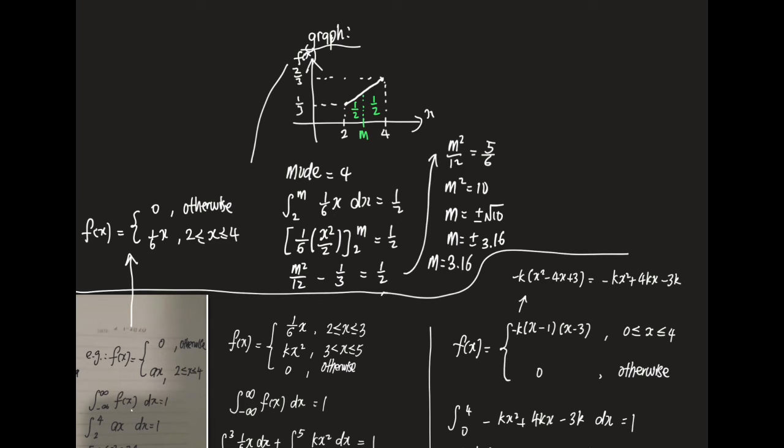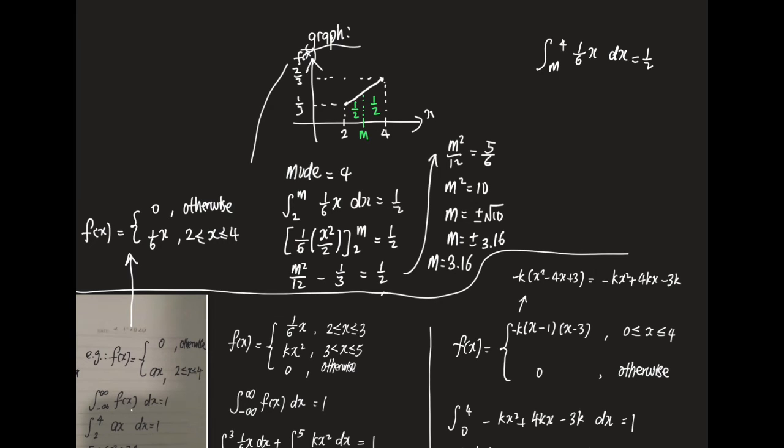You can also use right hand side, like what I said. You can integrate from median to 4. 1 over 6 x dx is still equal to 1 over 2 because it represents the area on the right, which is also 1 over 2.